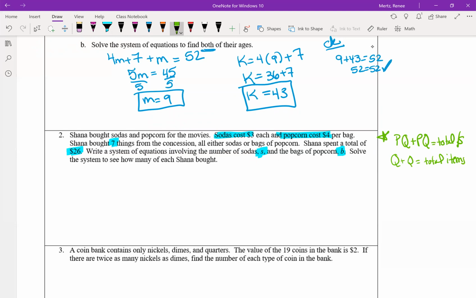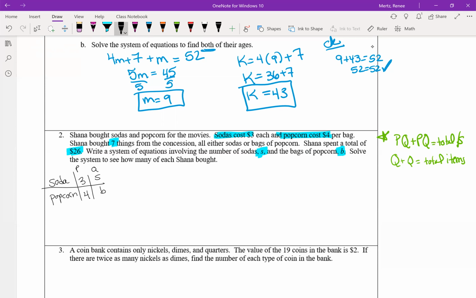So let's go through what we have. We know the cost of a soda is $3. The cost of a popcorn is $4. If you want to make a chart and organize the information, we have soda and popcorn. We have to use 2 variables because they told us to. Soda is S, popcorn is B. The price is $3 for a soda, $4 for a popcorn.